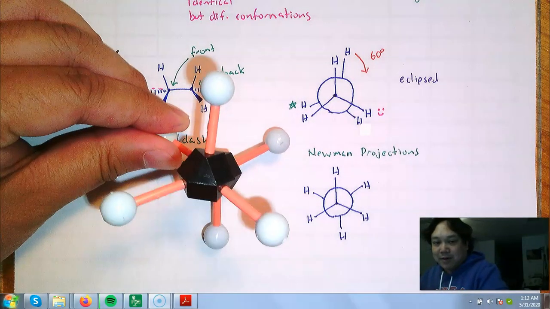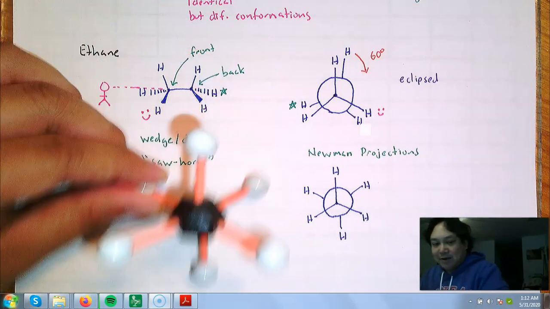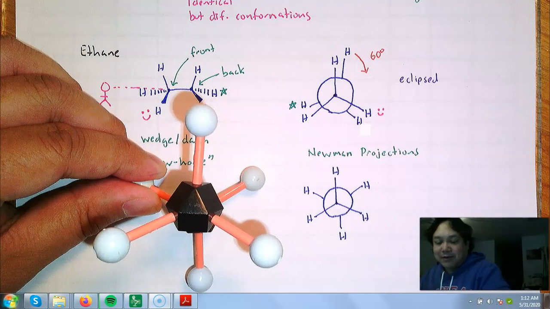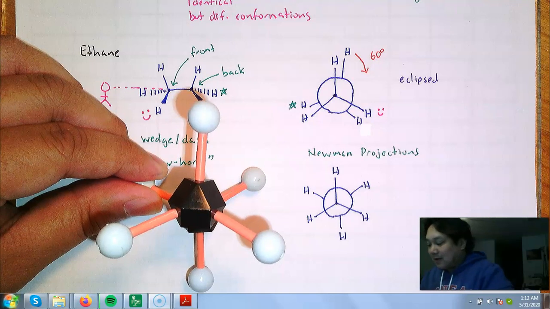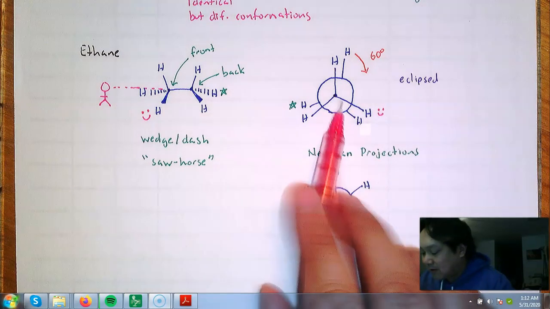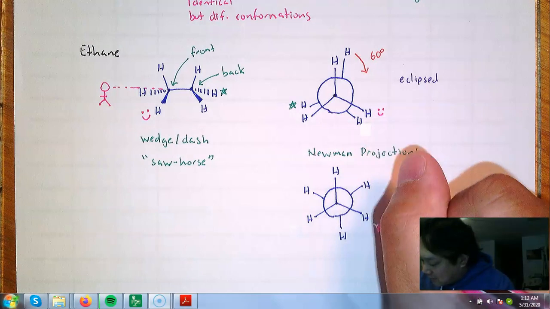Take a look at my drawing. Take a look at my model right now. Where is the smiley face and where is the star? The smiley face is going to be where? It's on the front carbon. Oh, and the front carbon didn't move. So it's right here.